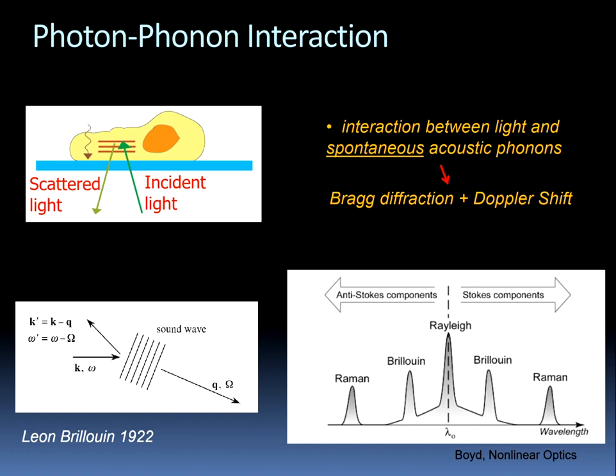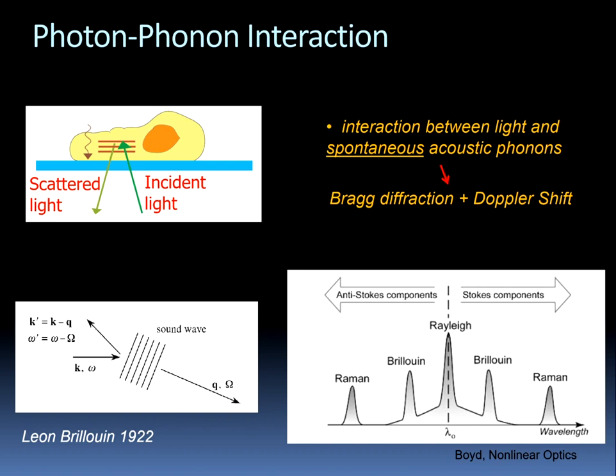From a physics standpoint, you can understand this as creating a Bragg diffraction, because with the acoustic waves you're creating a modulation of the refractive index inside the material. And then there is a Doppler shift, because this is a traveling acoustic wave. That's why you get a shift of a given frequency at a given angle.